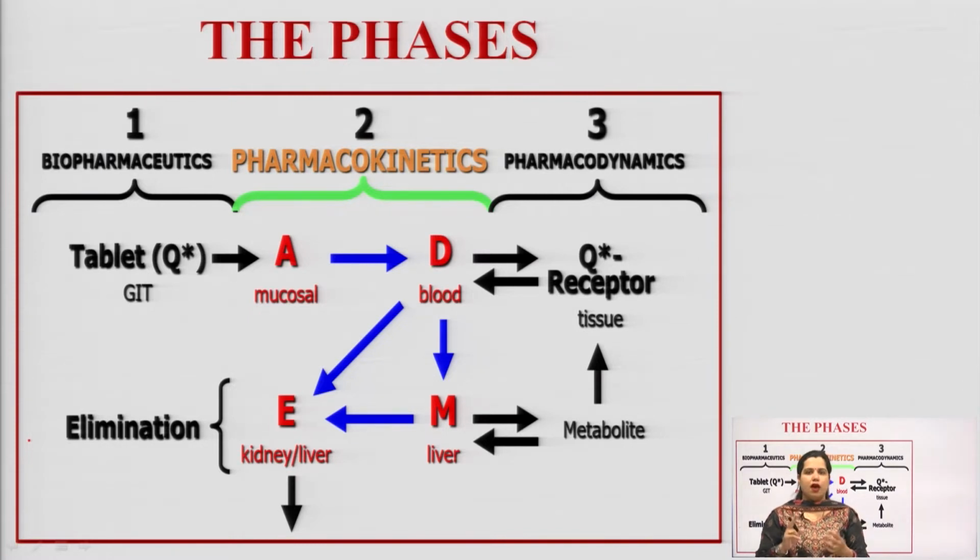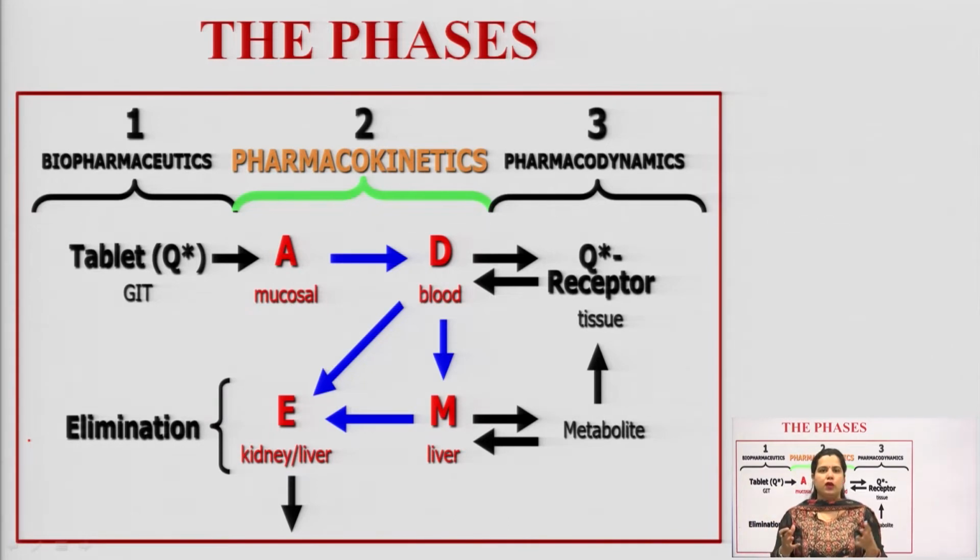As you can see, I have mentioned one example, a tablet. If we talk about the GIT example, the tablet is given orally, and first it goes down through oral administration to the GIT, and then it is absorbed across the GIT lumen and goes to the blood or systemic circulation, and then it is distributed in the body cells, that is receptors, tissues and all.